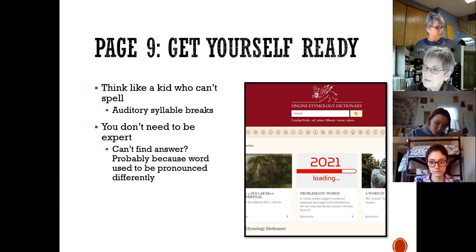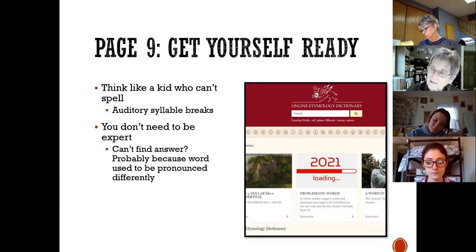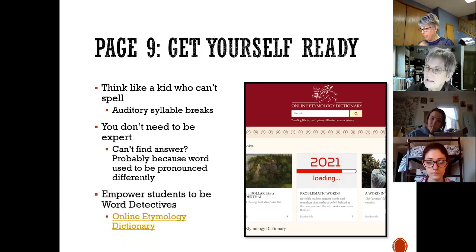And most of the time, you're going to be correct. Because many of the words, especially from Anglo-Saxon that we inherited, were pronounced phonetically, like kama, nam for name. They were pronounced phonetically and they aren't anymore. Okay. And you want to empower your students to be word detectives. So you can log into that etymology dictionary as you go through that part of the lesson.